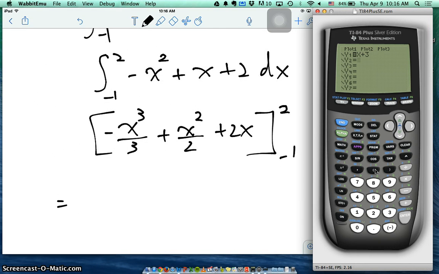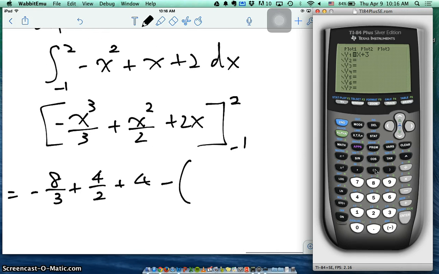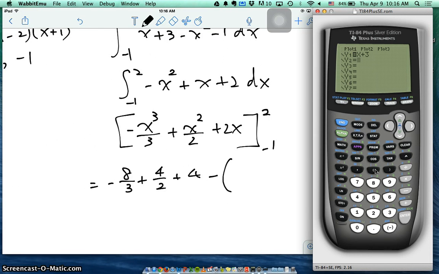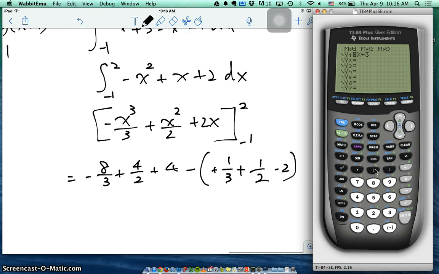Then we calculate by plugging in 2 in all of them: negative 8 over 3 plus 4 over 2 plus 4, minus, let me put it in parentheses so it's easier to see, minus the quantity positive 1 over 3 plus 1 over 2 minus 2 for negative 1.